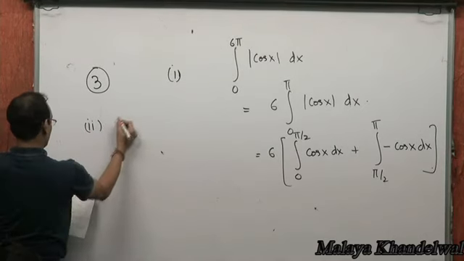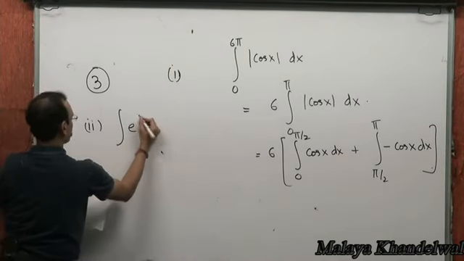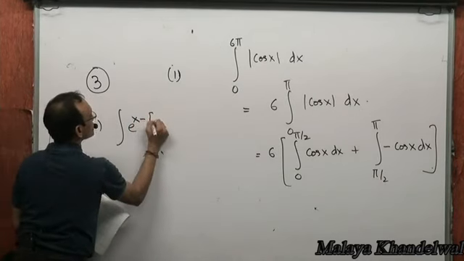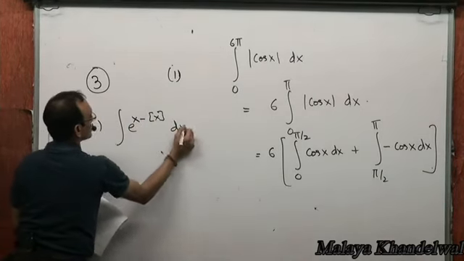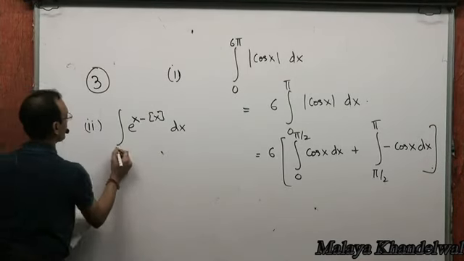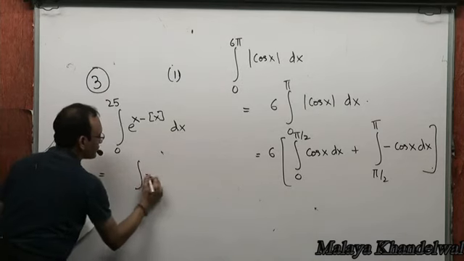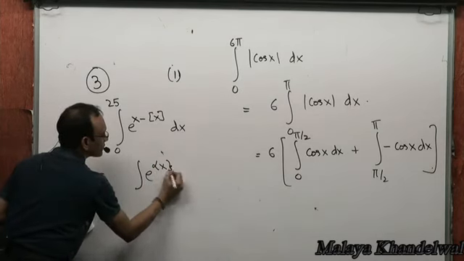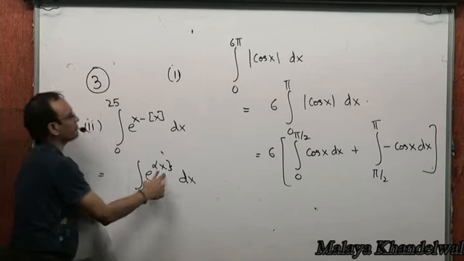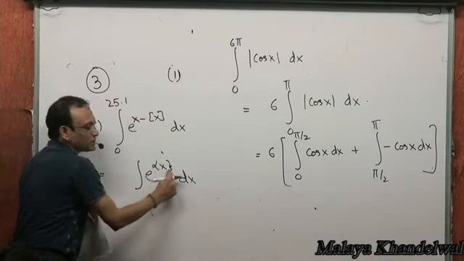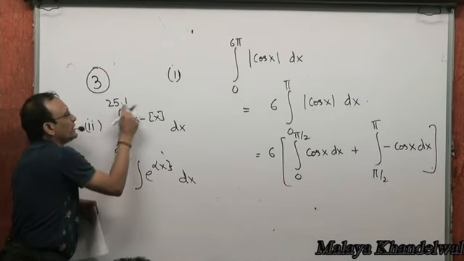3 part 2, e power x minus box x dx, x runs from 0 to 25. This is e power fractional part of x, isn't it? Periodicity of fractional part of x is 1. So e power fractional part of x has periodicity 1, 25 times t.